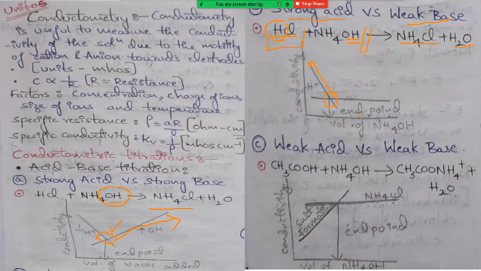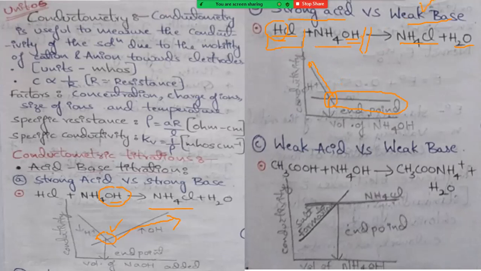Now after the end point, this is very important. Here we cannot see an increased graph. We can see a plateau. What is the reason for that? Because after the end point, we are still adding NH4OH, which is a weak base.